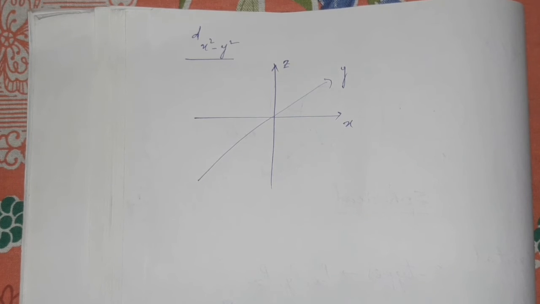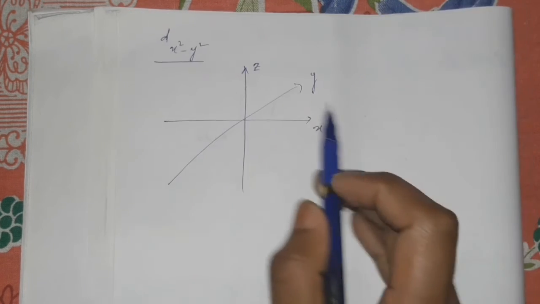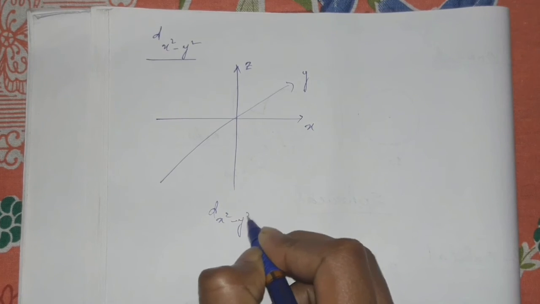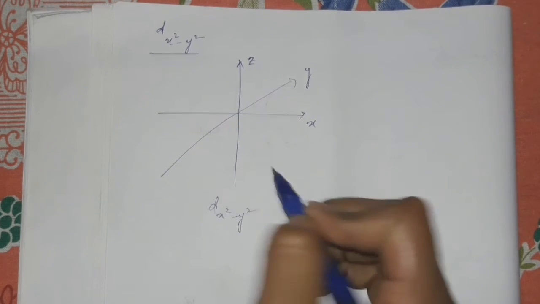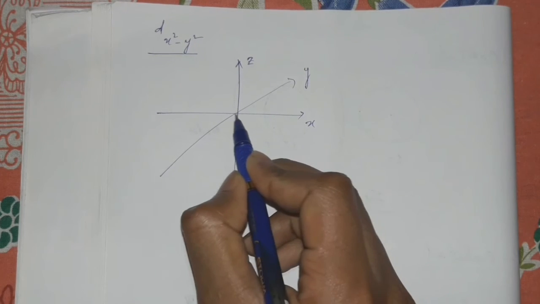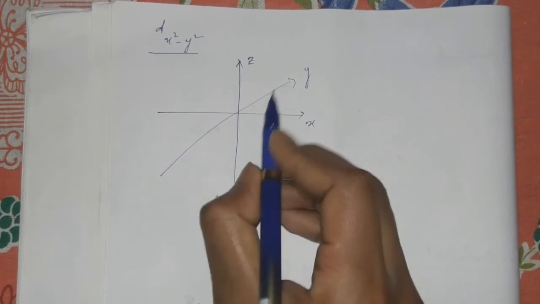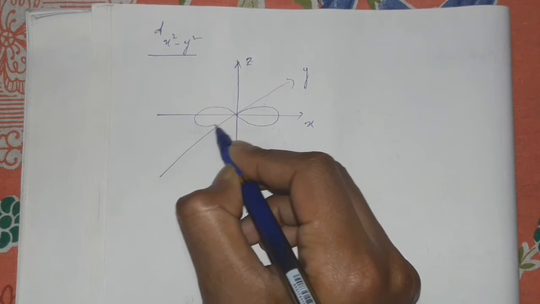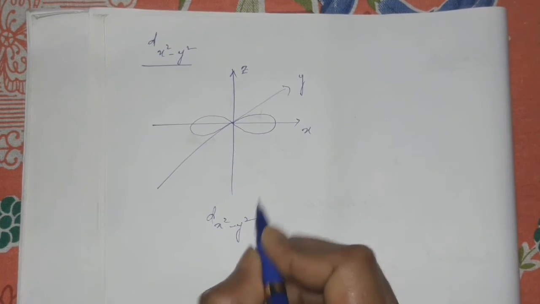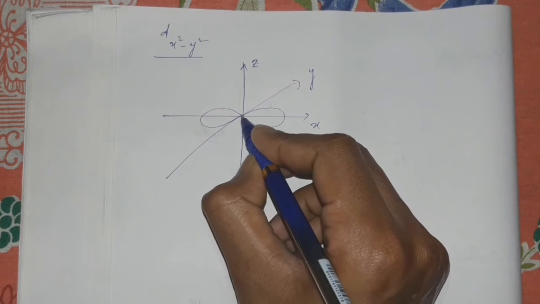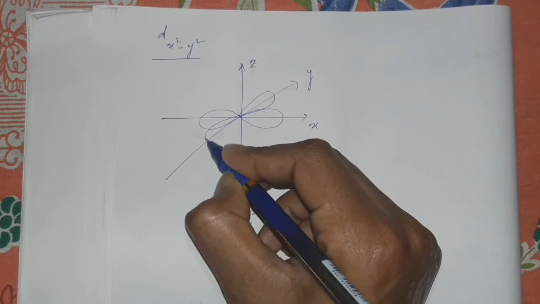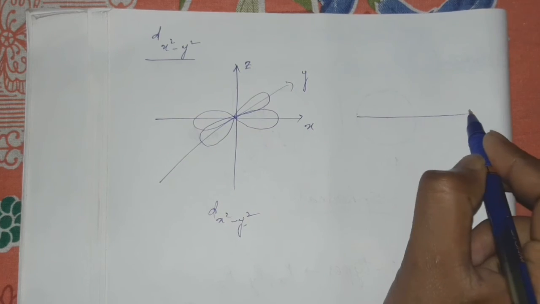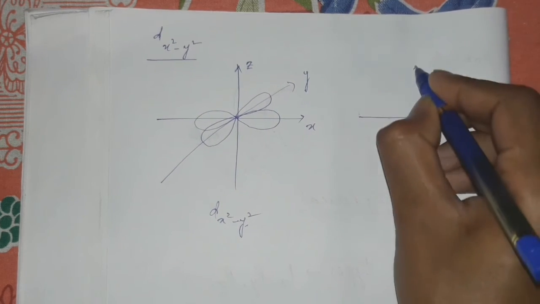Now we'll see the structure of dx square minus y square. Here the lobes of the orbital will lie along the x and y axes. So along the axis we'll draw this one, and again we'll draw along the y axis. Now only one is left, dz square.